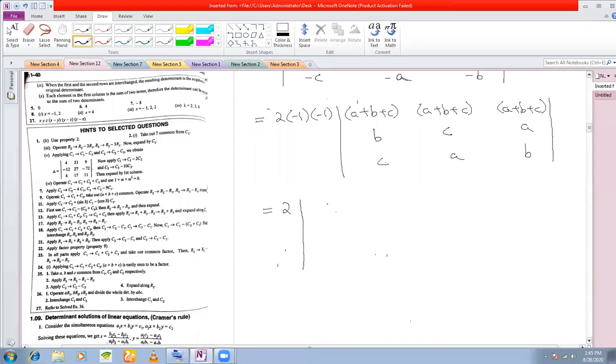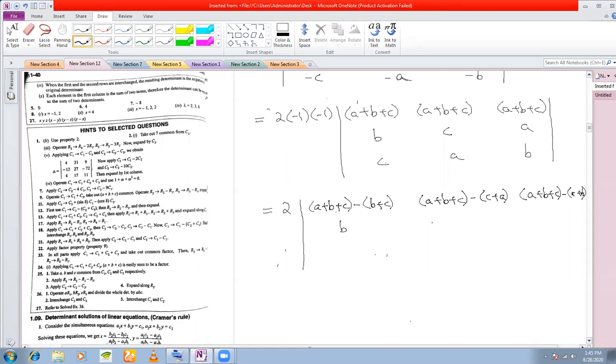now what I do is I subtract the sum of the second and the third row from the first row. Understood what I did? Yes, sir. I subtract the sum of the second row and the third row from the first row.